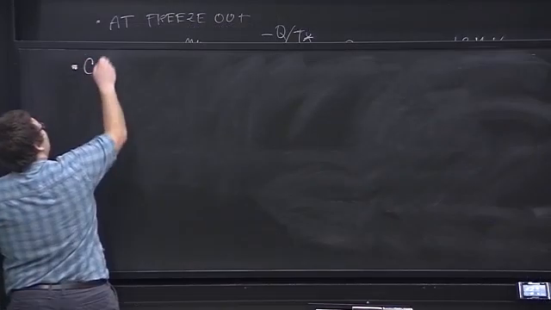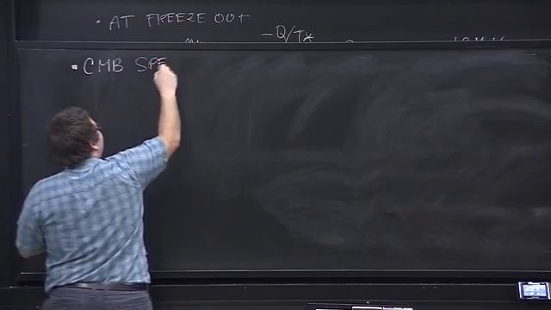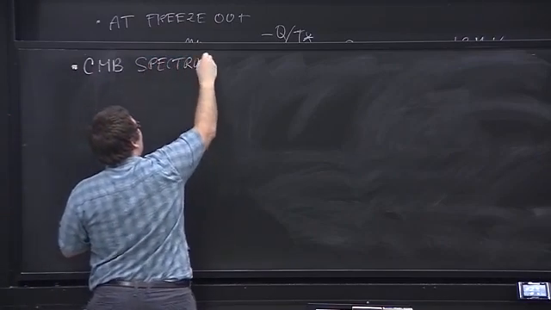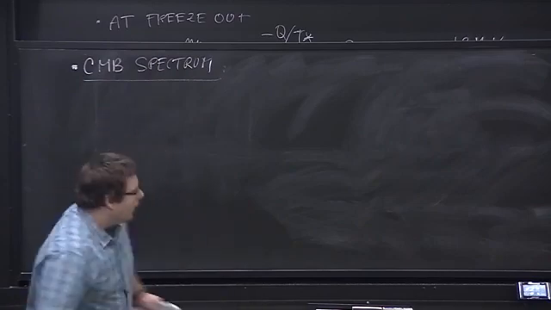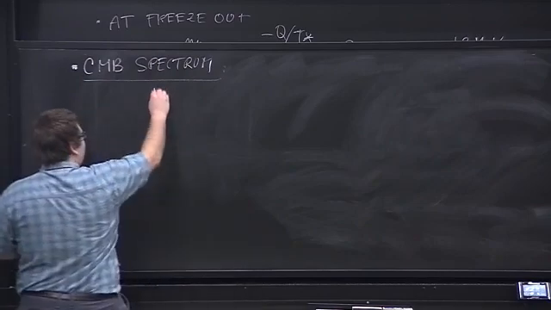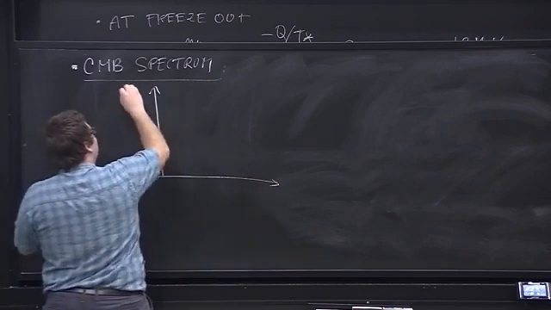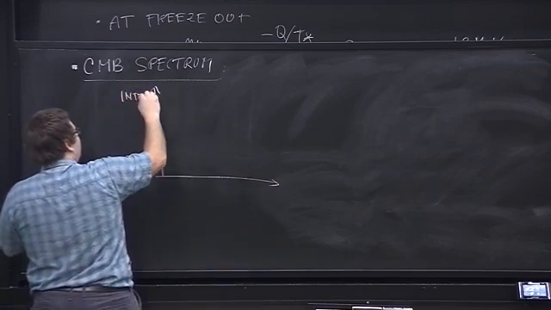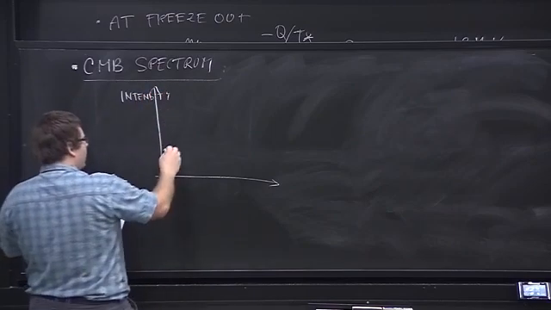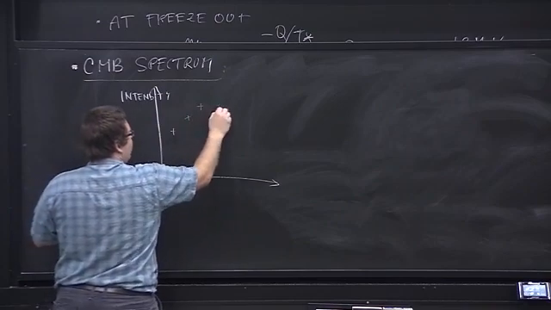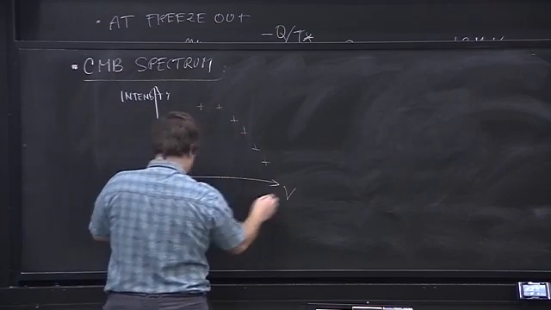And one thing you can look at is the CMB spectrum. And what you will find is this beautiful thing. So it's an intensity here, and these would be the measurements, and this is the frequency.